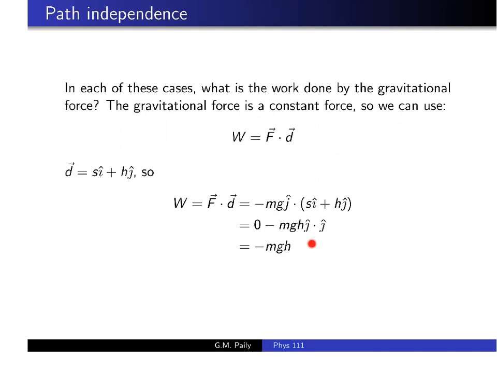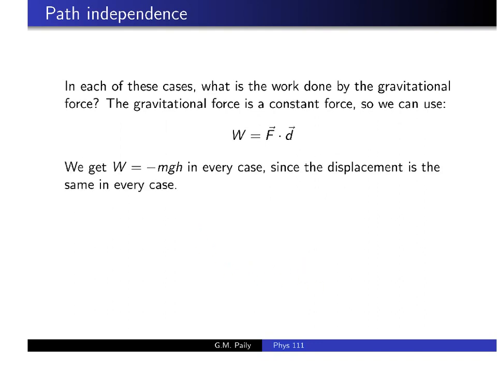The difference between them actually was all that mattered, and that is all that comes into this expression for the work. So in every case, we get minus mgh as the work done, since the displacement along the force of gravity, that is the displacement in the y direction, is the same in every case.